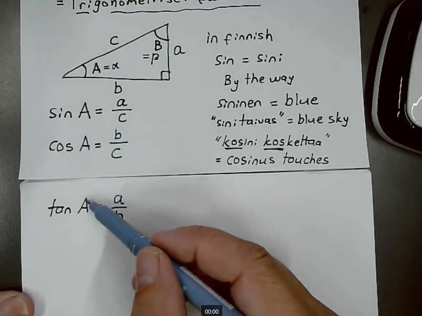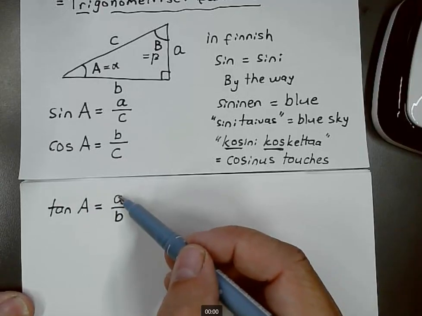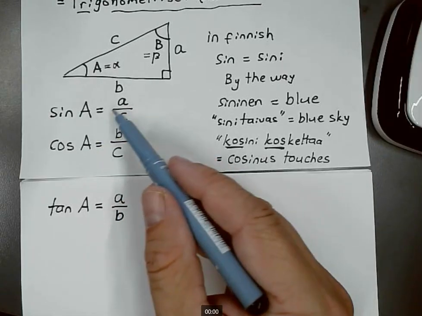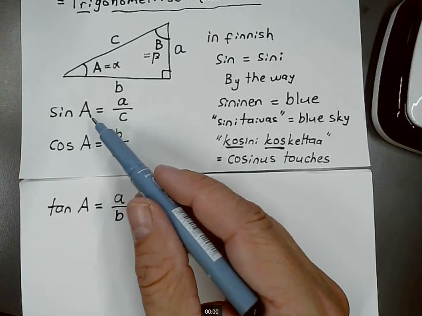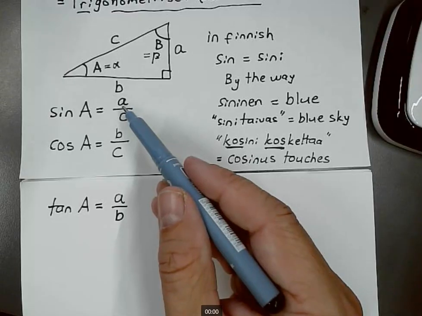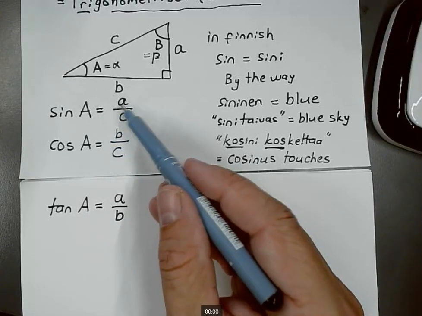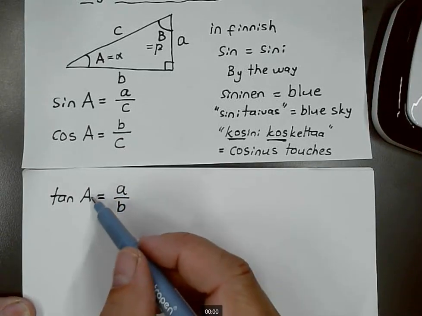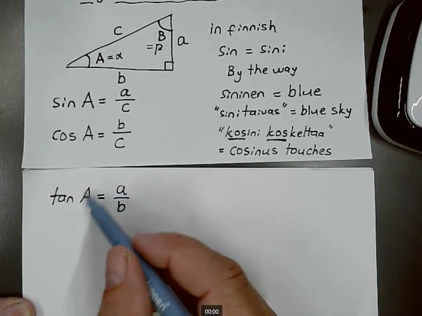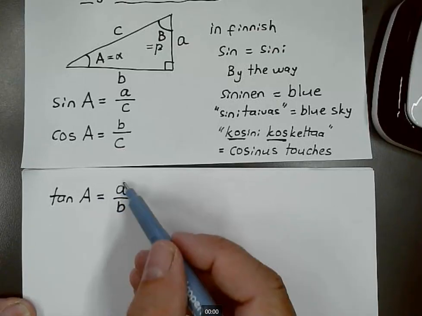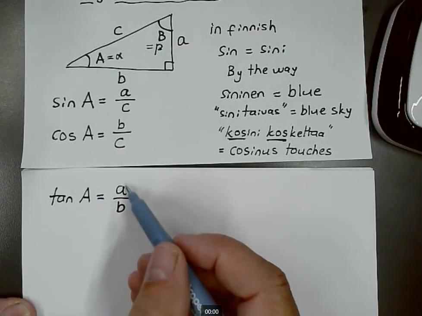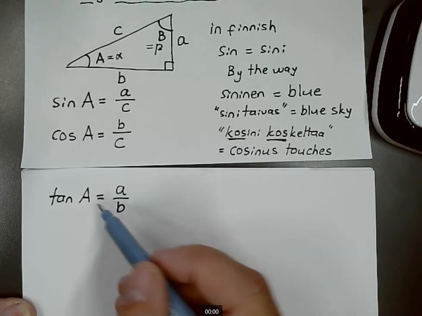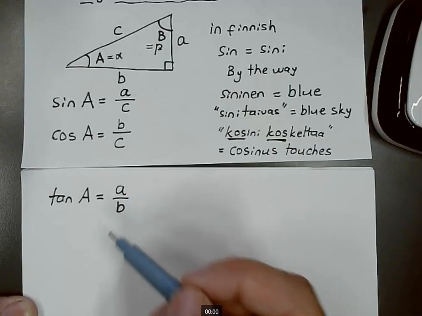And here, if you have B, here must also be B. So it is easy to change sinus A to sinus B, just changing the letter A to B. And in tangent, we have to remember that if we change this letter to B, these change places. So there is B and here is A. Tangent B equals B divided by A.